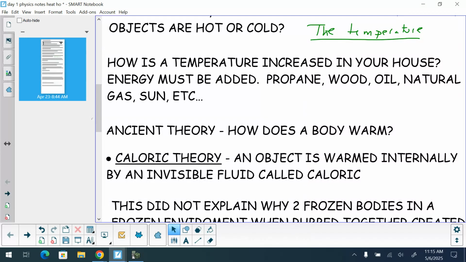Just like, and what they tried to relate it to is, what is the ultimate heating and warming and cooling aspect of your body? What heats your body, what cools your body? What's being pumped through your body? Blood.